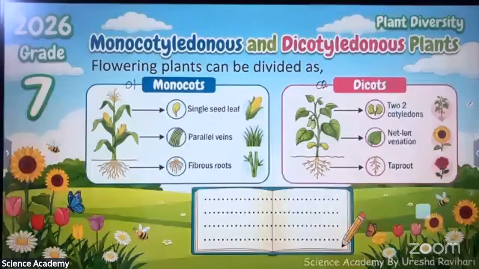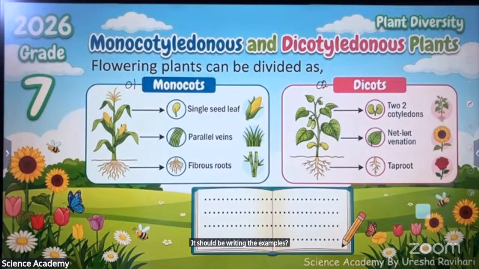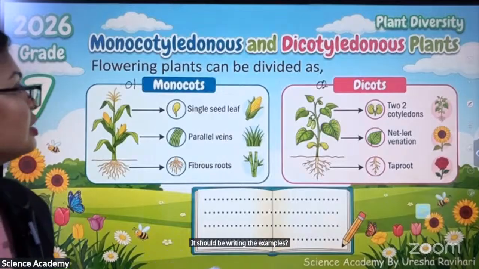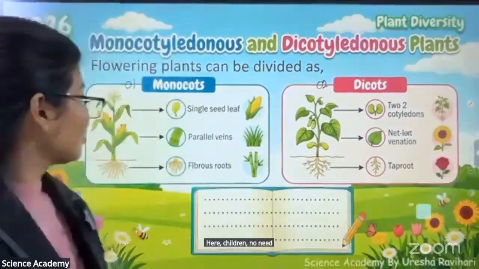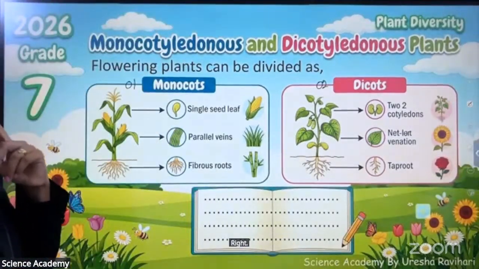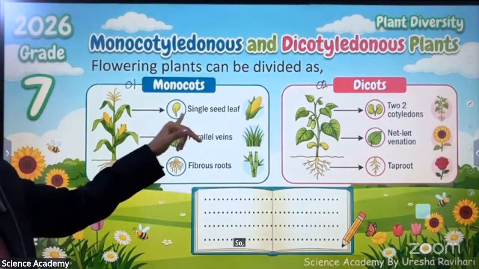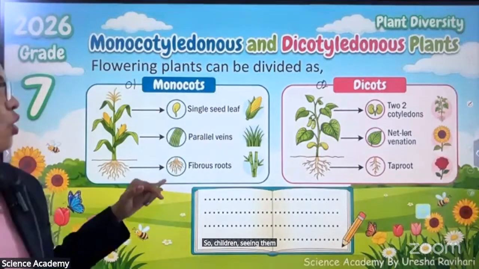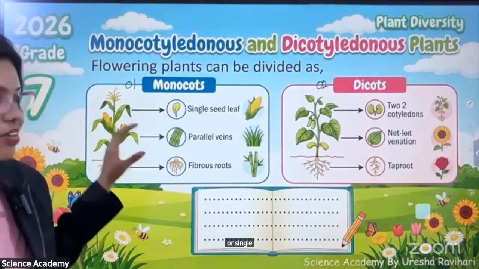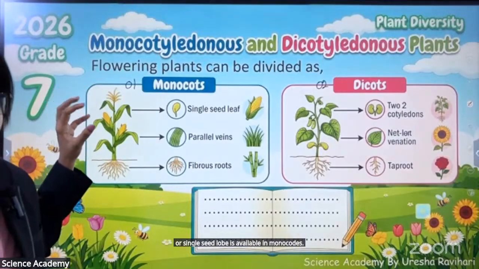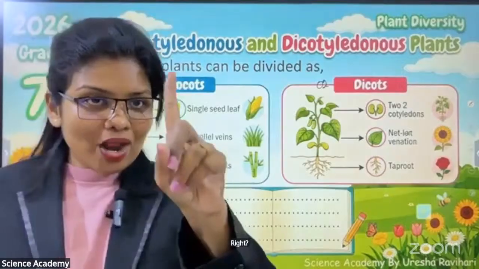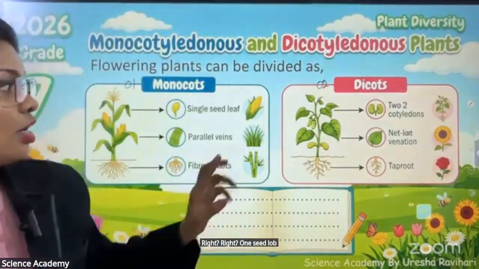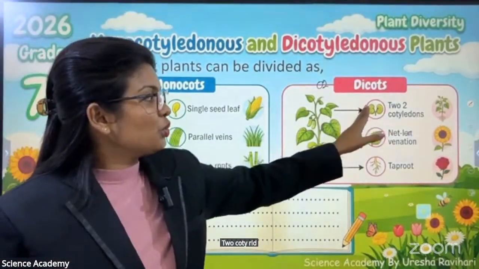Miss, should we write the examples? Here children, no need to write, okay? So children, a single seed leaf or single seed lobe is available in monocots, right? One seed lobe is there. Two cotyledons means two seed lobes.